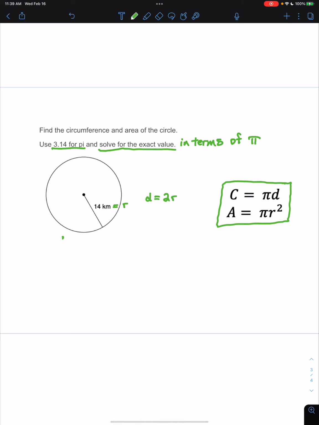So for this circle, circumference is equal to pi times 14 kilometers times 2 in this case. Or I could just do it up here. Diameter is equal to 2 times 14 kilometers.